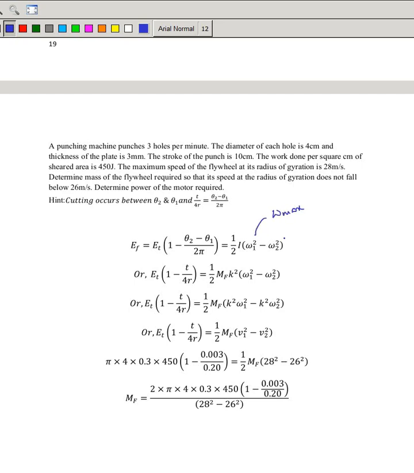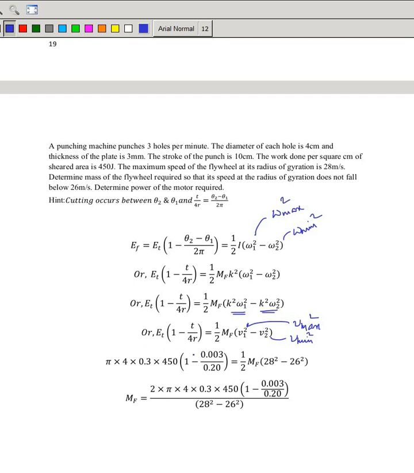I means the mass of the flywheel into radius of gyration squared, and you can take this k inside, and if you multiply k by the angular velocity, this is the linear velocity. So this is v max squared, and this is v min squared.